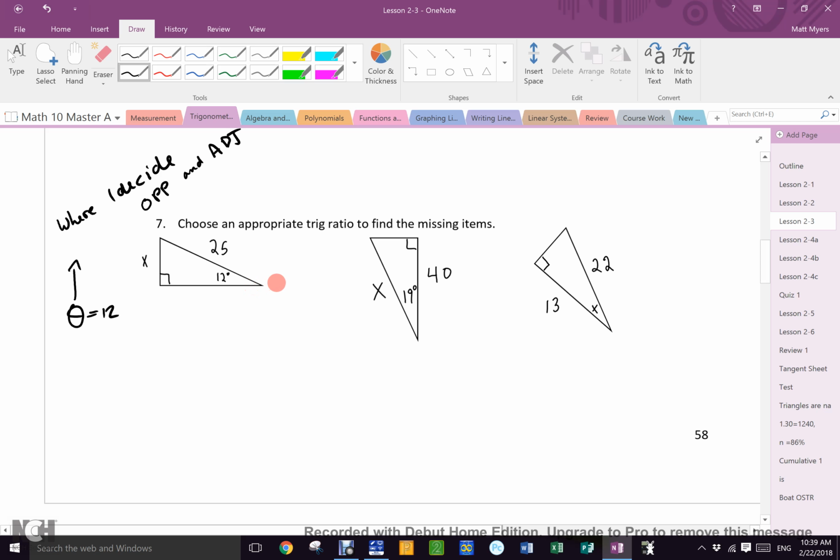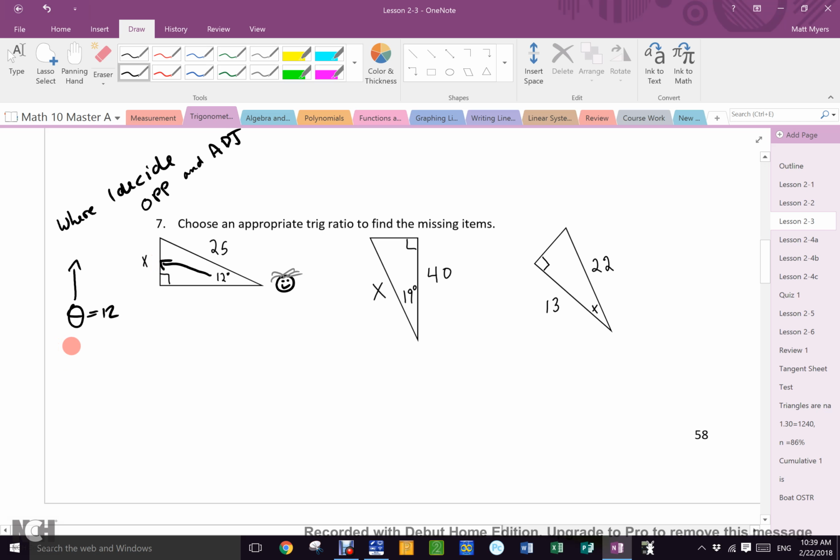So if this is theta, here I am, ready to decide. There's my gray hair. There's my eyes and my smiley face. So now that I'm set up, I need to look. What do I have in this triangle? I have that. What is that spot on the triangle?